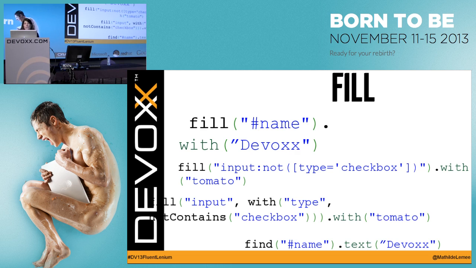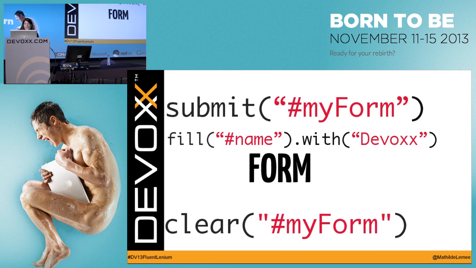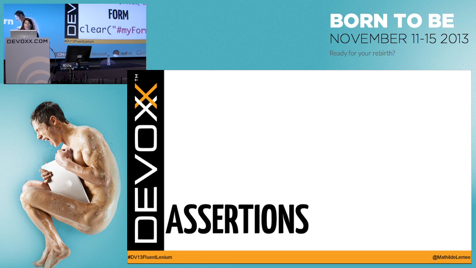That's the same as with a filter, exactly the same. It depends if your team is fluent with CSS or not. Okay. So that's the way you fill the form. I already said it, so you can submit it and you can clear it. And it's not verbose. You only know what you want to do, and you only have to type it and it's working.